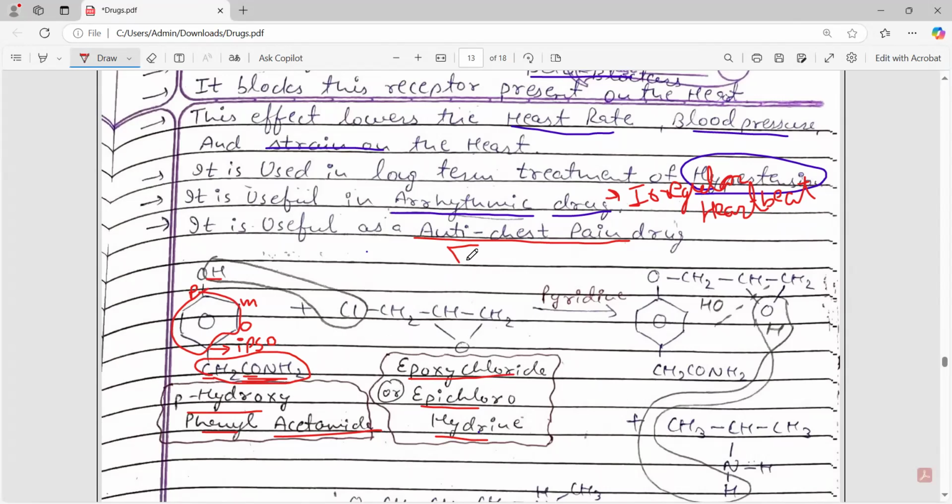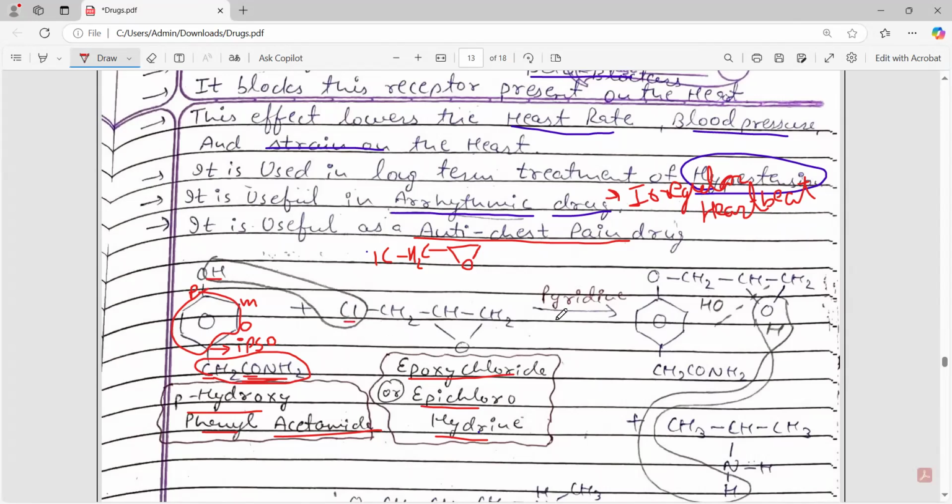The three-member ring containing oxygen is known as epoxy. So epoxy chloride has CH2 and here is Cl. The hydrogen comes from the hydroxyl, and in epoxy chloride here is chlorine.